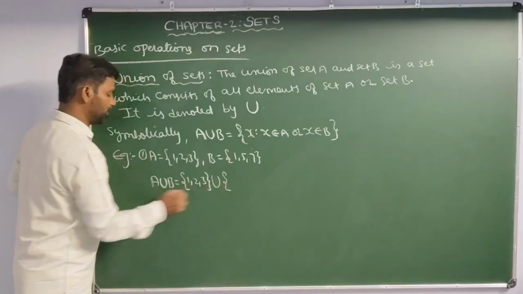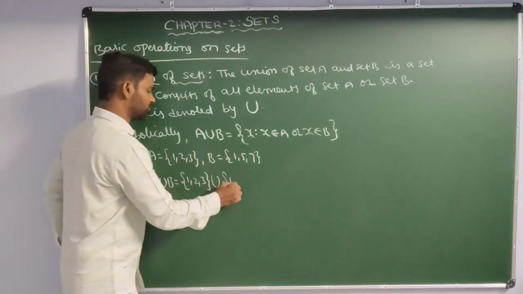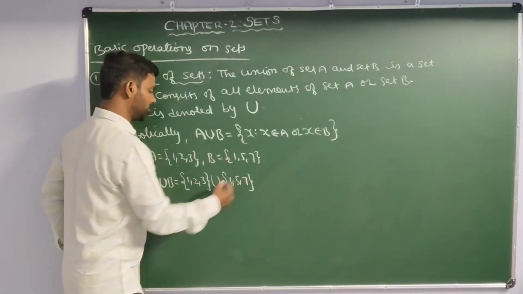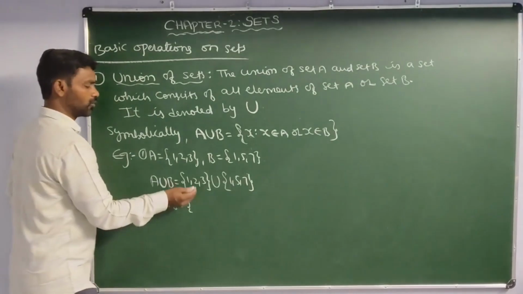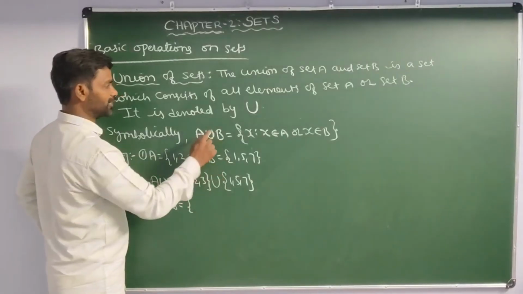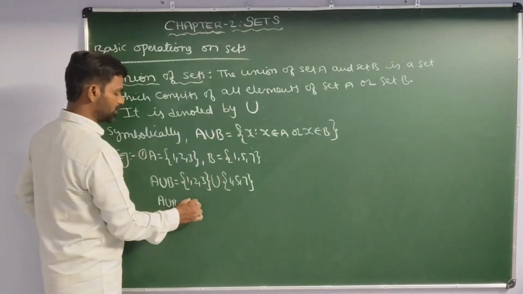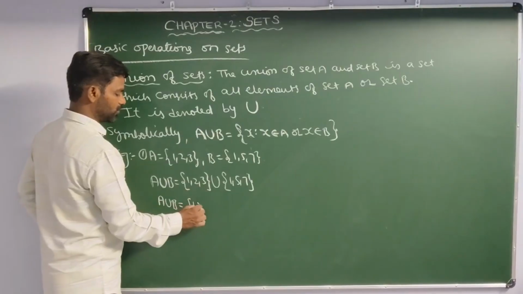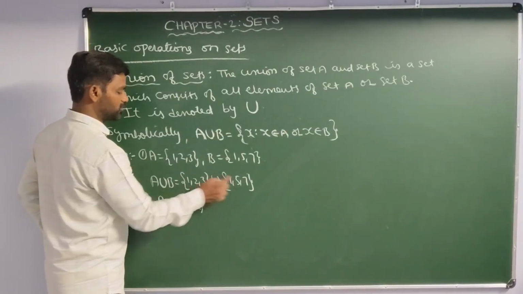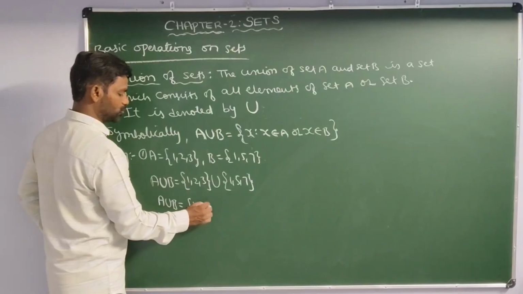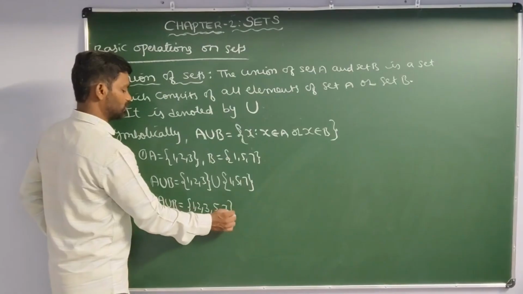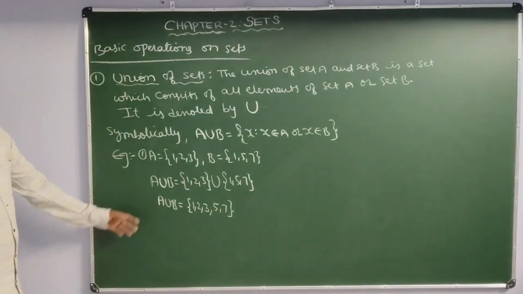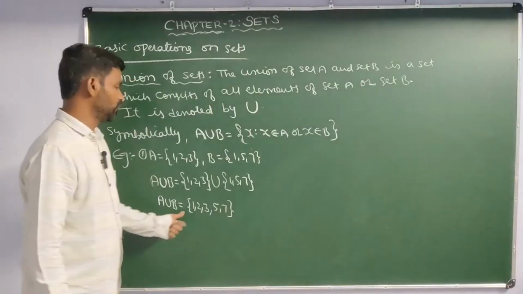Next, set B elements. What are the set B elements? 1, 5, 7. So A union B is equal to, now write all the elements of set A or set B. Let us write in ascending order: 1, 2, 1 is twice so you write only once, 2, 3 and next 5, 7. So this is the representation of A union B.